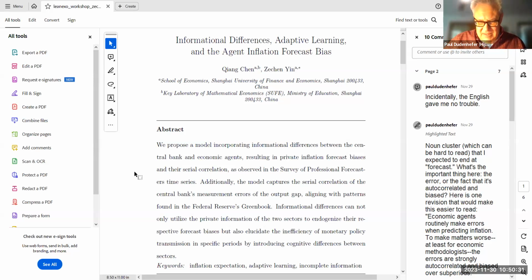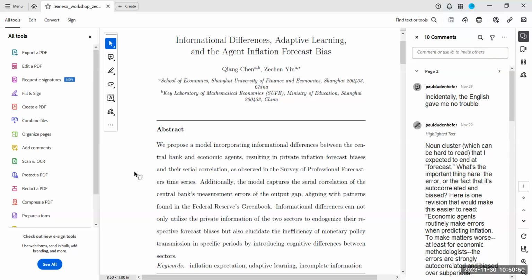The model that you construct better fits or represents the data found in the SPF and the Green Book. Am I on the right track there? Yes, you are. Okay, that's good.